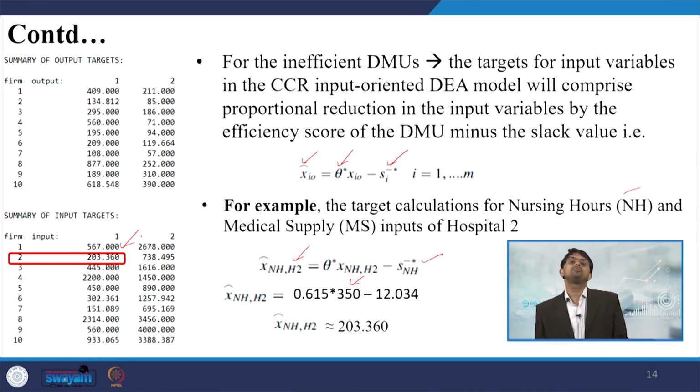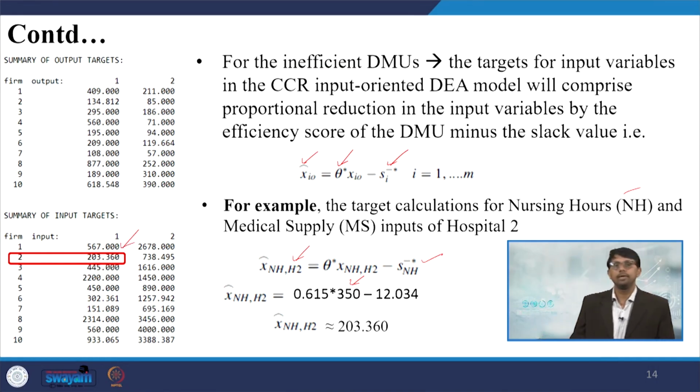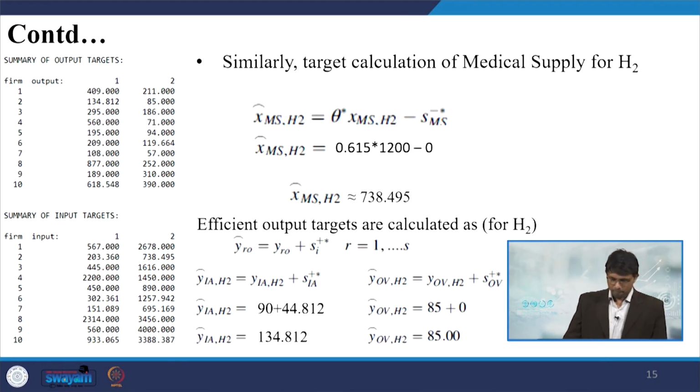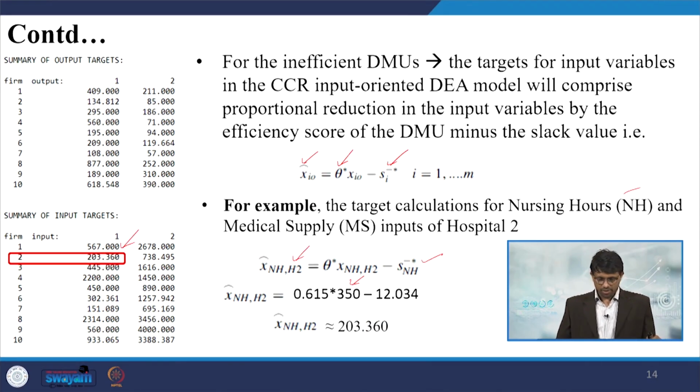Now, you need not be confused about what DEAP is providing you, this is provided very systematically, and now you will be convinced. Similarly, target calculation of medical supply. This is for the first one we derived, for NH, is it not right.